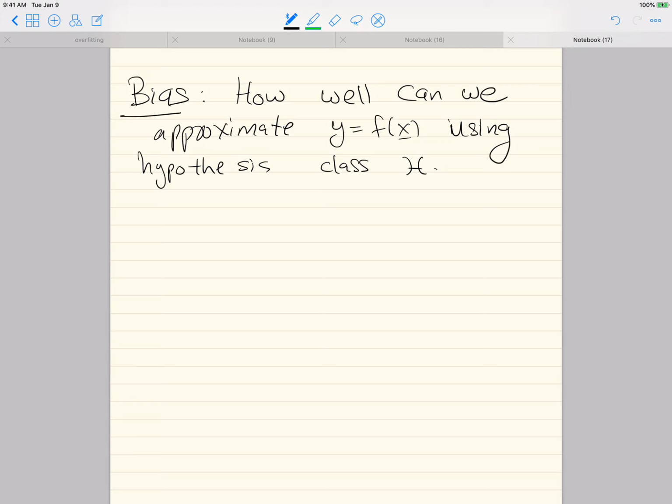How rich is our hypothesis class? If it is very rich, we'll have a good approximation and the bias will be low. If we have a very small hypothesis class, then the bias will be large.